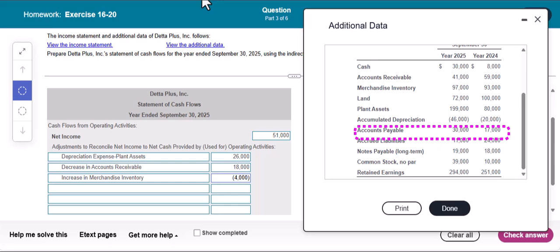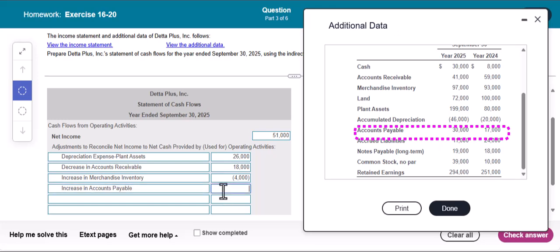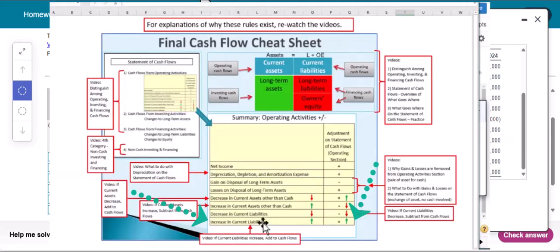So we're going to add that difference of 13,000. This is an increase in accounts payable for a positive 13,000. And always double check your cheat sheet: an increase in current liabilities means that you add. Notice the arrows here on the side.